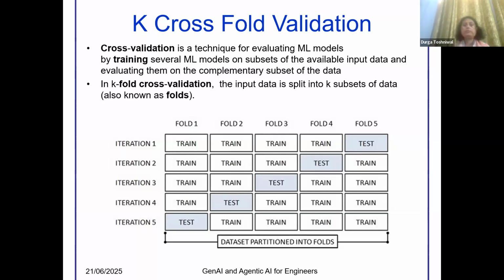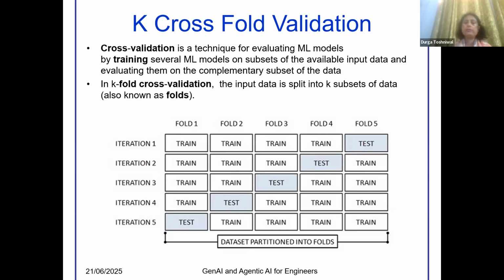We have the input data, and K is the number of subsets, or folds, in which we are going to divide the given data. Don't confuse this K with K nearest neighbor, where K is the number of neighbors that we are considering. When we talk about K-fold cross-validation, we are talking about K subsets which are disjoint. They are also called folds.